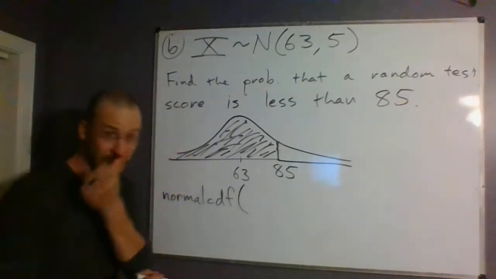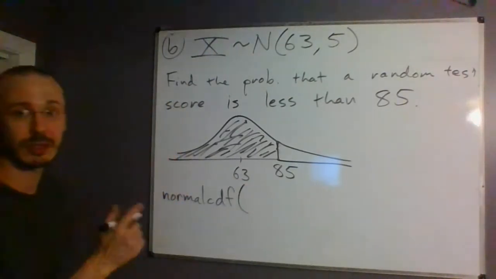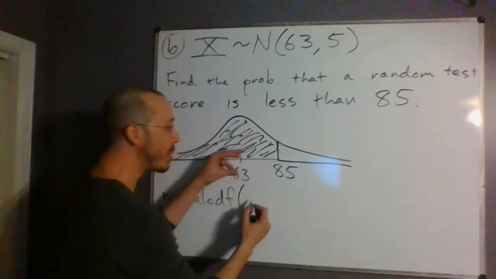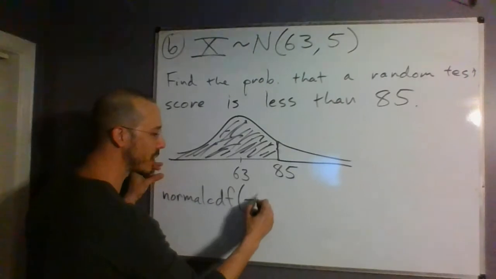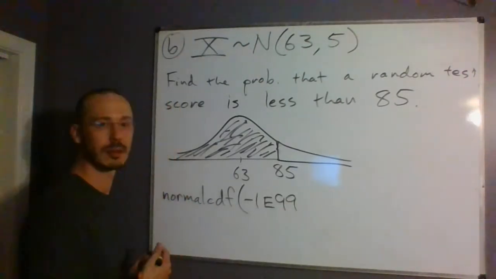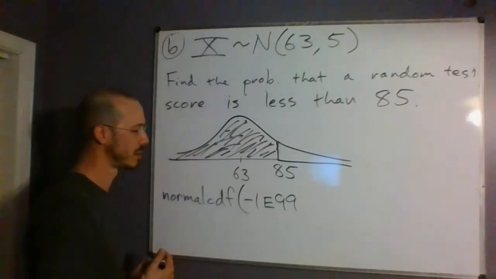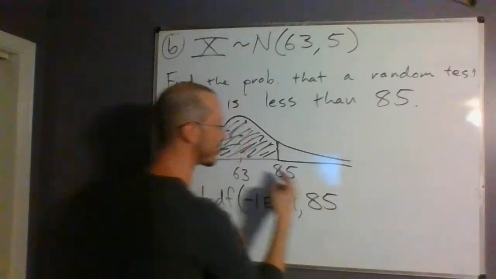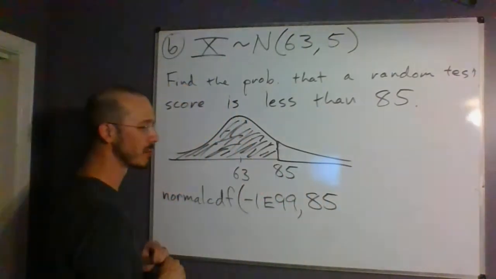and I'm going to label these a little bit differently. You might want to do it this way. It's shorter. My lower bound in this case is negative 1E99. My upper bound is 85. That's the right end of this region.